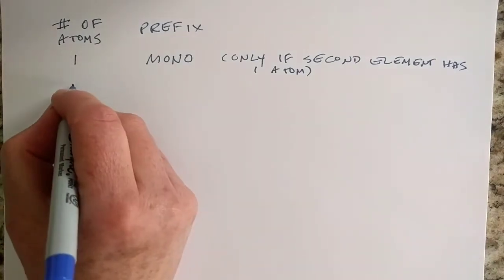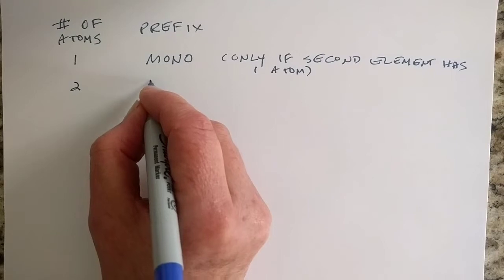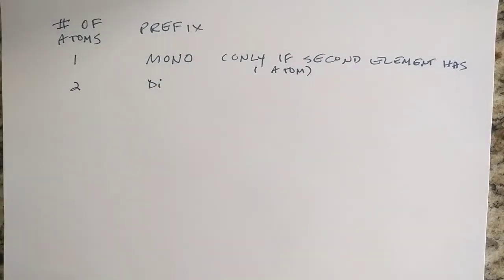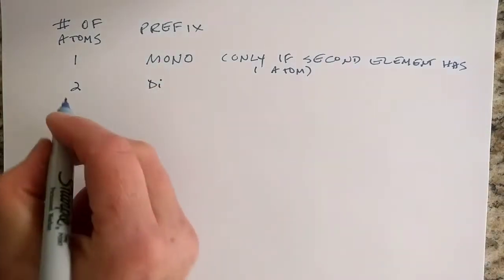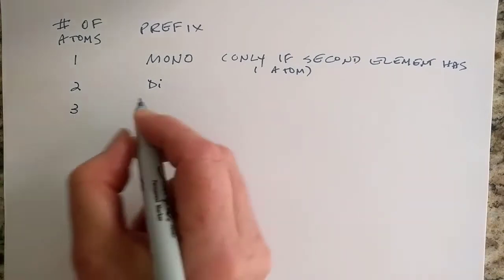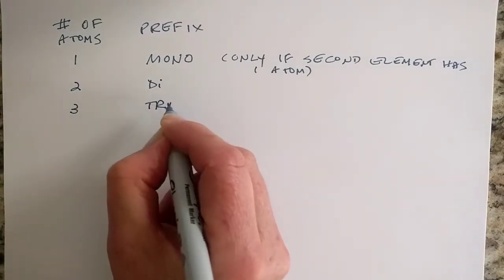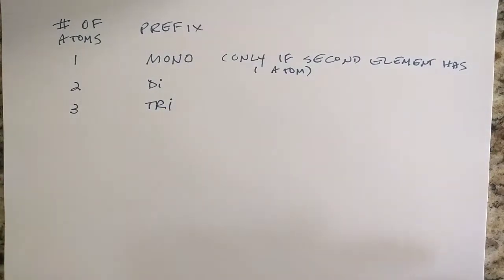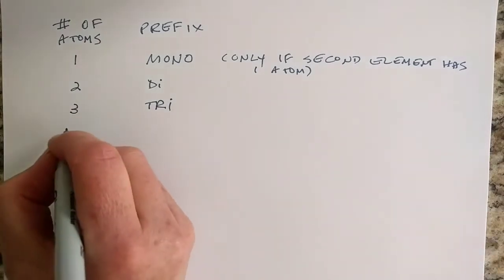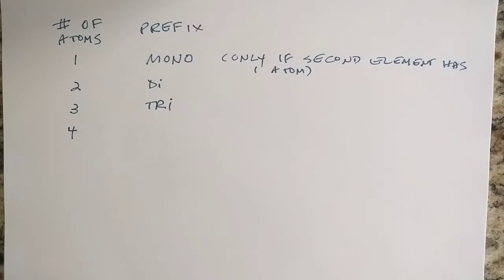All right, so if we have two atoms of our element, our prefix is di, like diatomic, meaning two atoms. If we have three atoms, our prefix is tri, like a tricycle has three wheels, or a triangle has three sides. Four, now four, if we go to when we did geometry and we had 4 electron sets, we said it was tetrahedral.